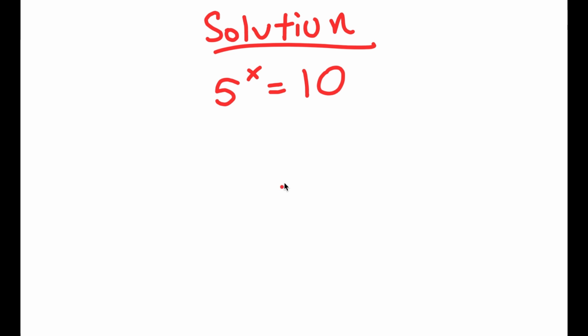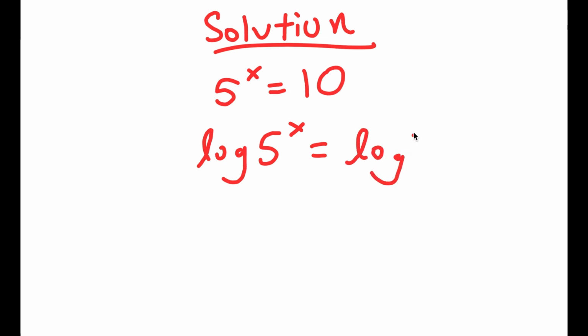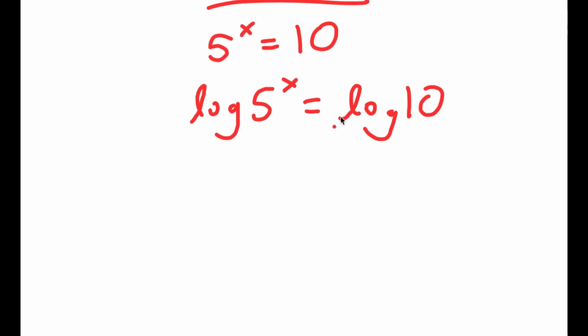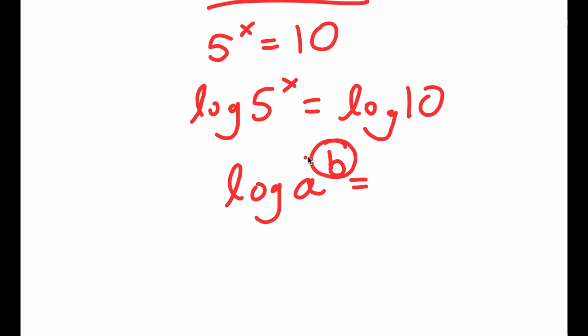So to start off, what I'm going to do is take the log on both sides. So I have log of 5 to the power of x is equal to log 10. And the reason I did this is because if I have something in the form log a to the power of b, I can move this exponent b to the front, and this is going to equal b times log a.